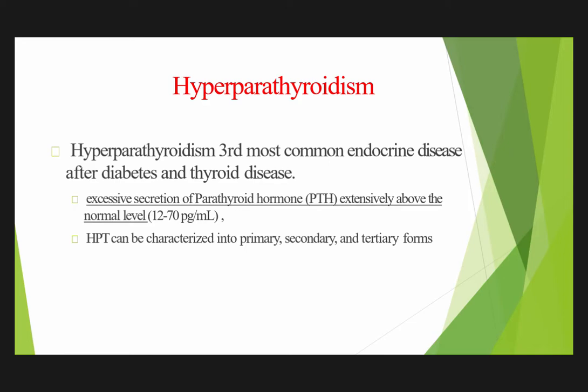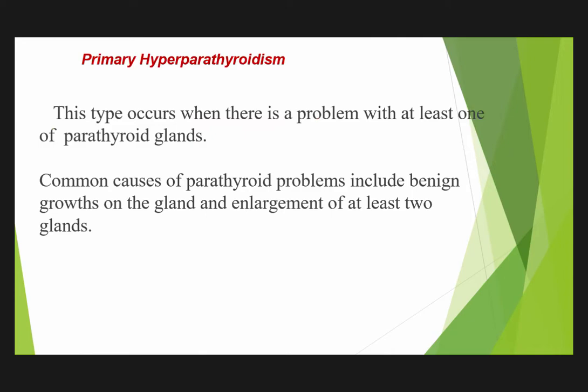Look, HPT, hyperparathyroidism, can be characterized into primary, secondary, and tertiary. It is a big problem to understand the difference, because treatment will be different. Primary hyperparathyroidism is a tumor or hyperplasia of the parathyroid gland.